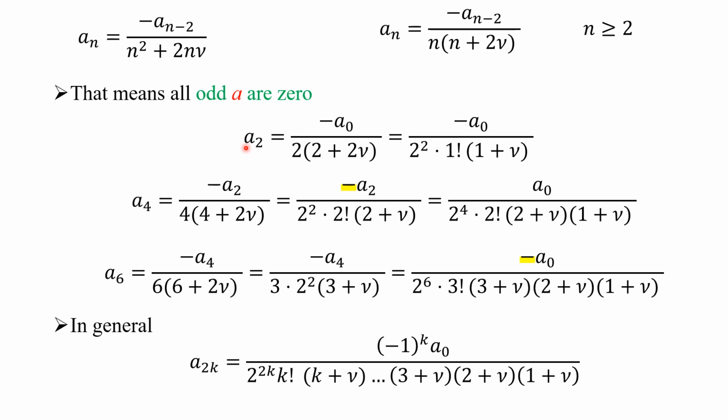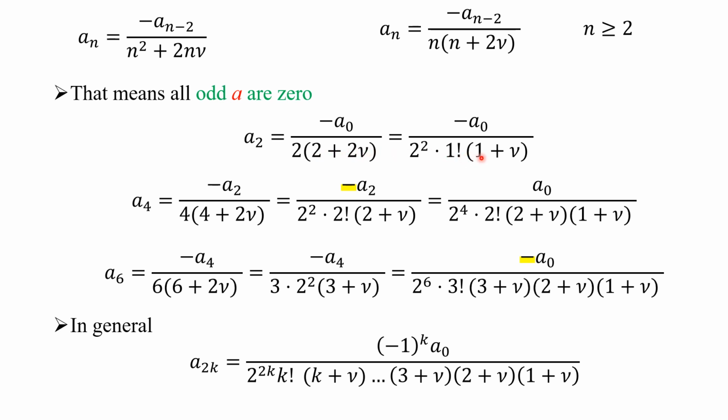First, you take the minimum, a2. You substitute n equal to 2 in this formula. Then you will get in the numerator a naught. Here n is 2, so 2 into 2 plus 2ν, which is equal to, here I am taking this 2 outside because this is 2 plus 2ν.